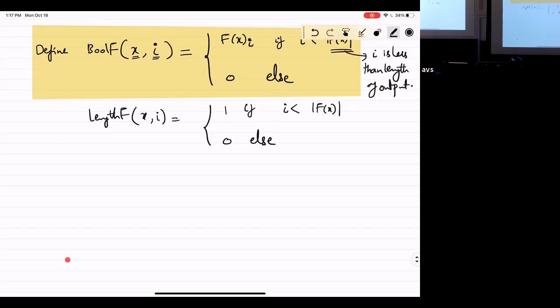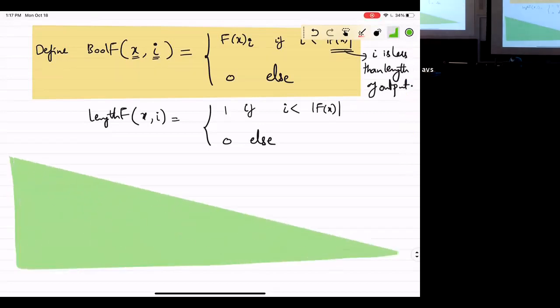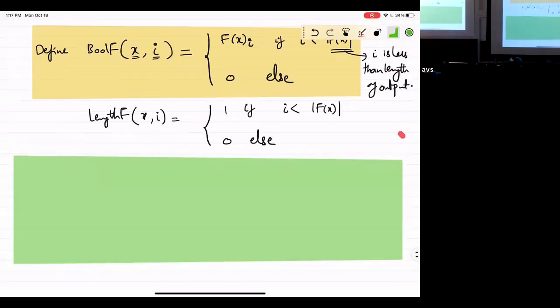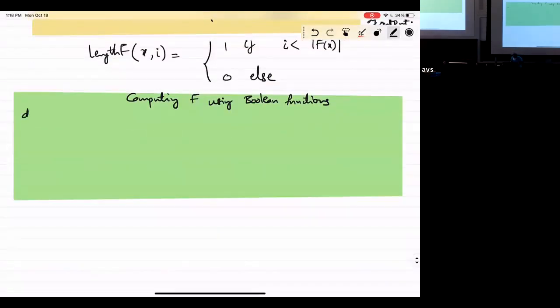And I want to compute F. So what can I do? So let's say computing F using Boolean functions. Okay, so I'm just going to write some Python code. The syntax is not important.